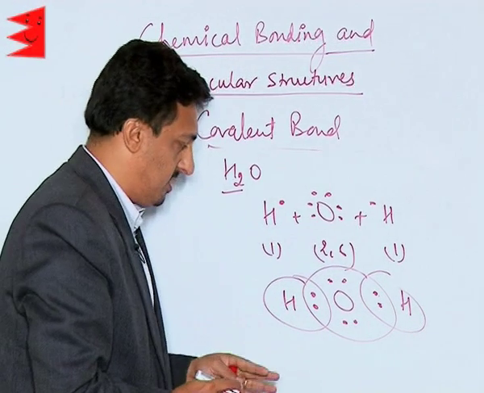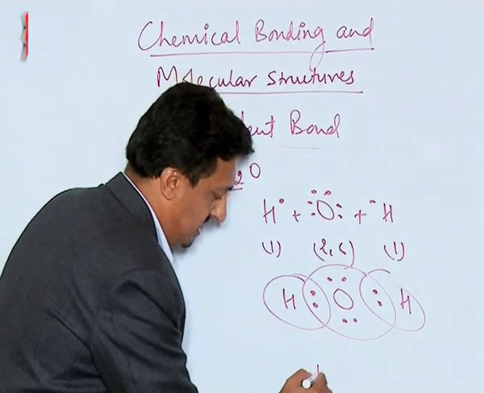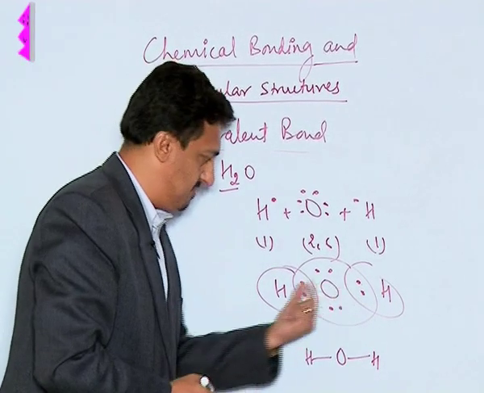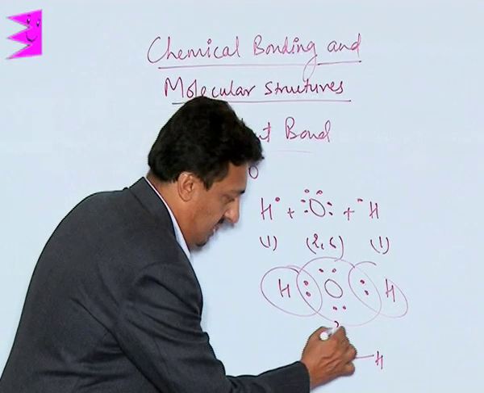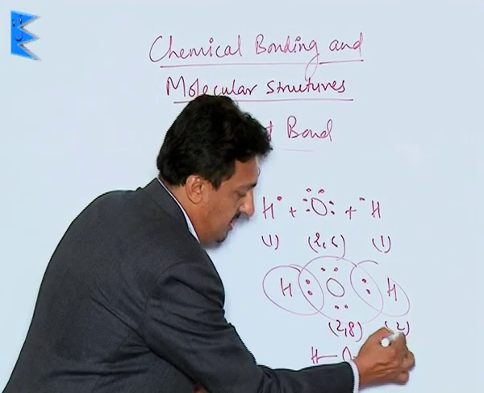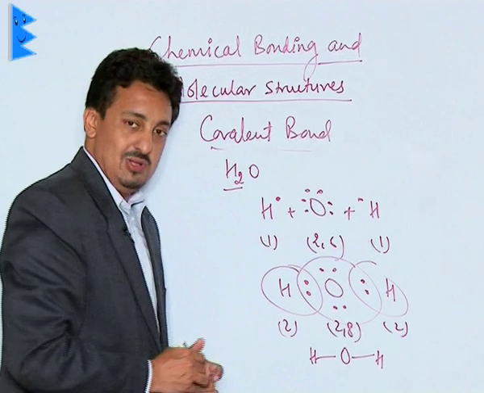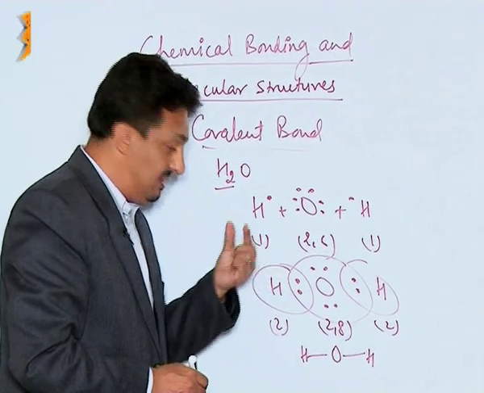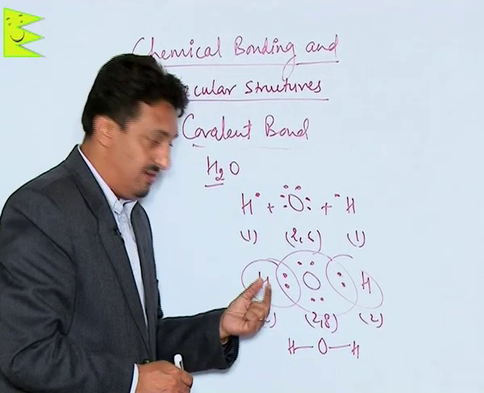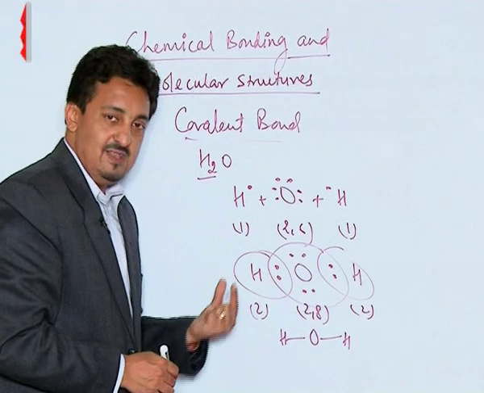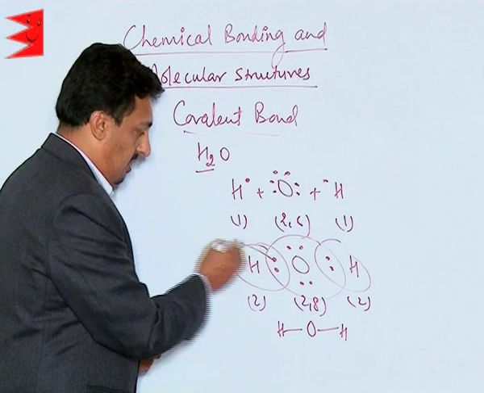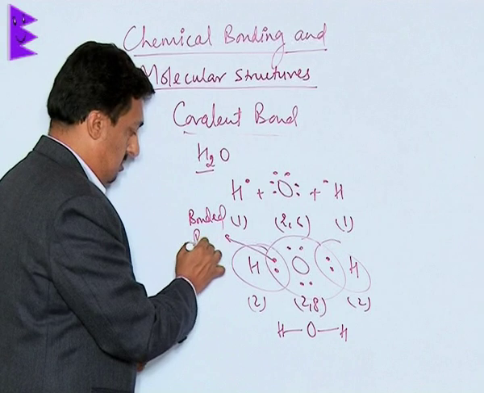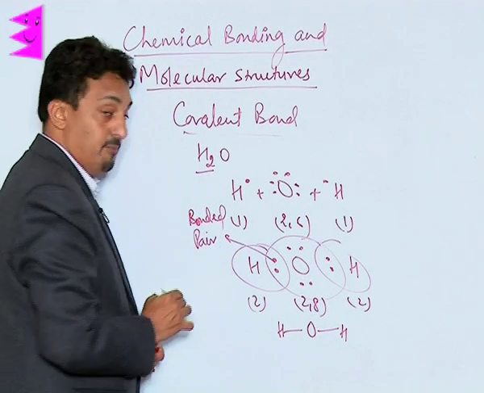It is most important to note that oxygen in water is forming one bond with this hydrogen and one bond with this hydrogen, which is represented like this. And in doing so, it is acquiring the 2, 8 configuration. Another important thing: the pair of electrons which participates in the bond formation is called a bonded pair.